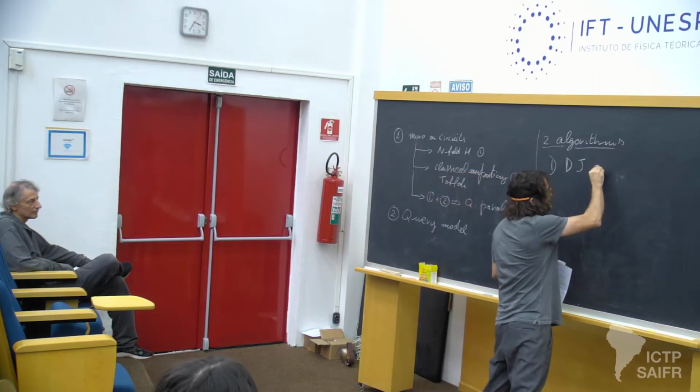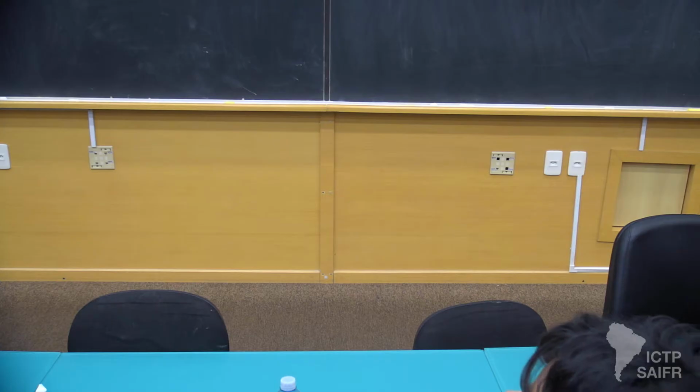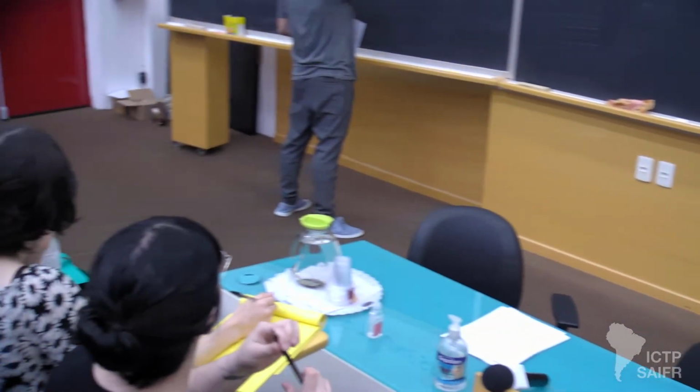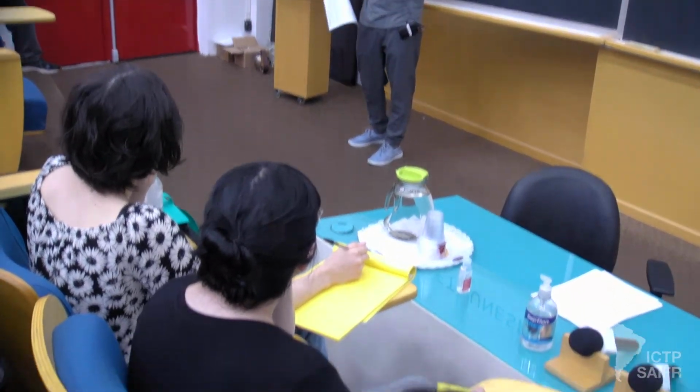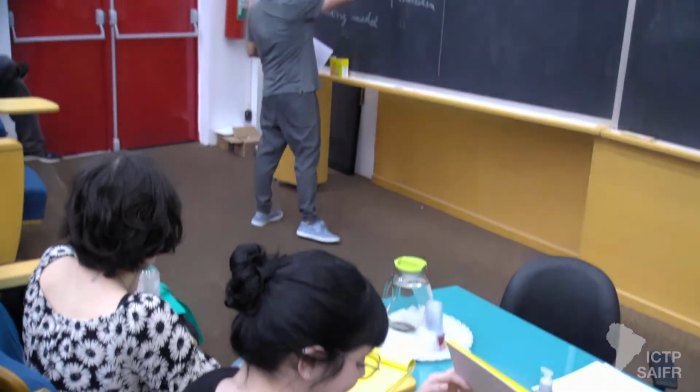Anyway, DJ algorithm. And the second one is the so-called Bernstein-Vazirani algorithm, which are essentially almost the same thing, but not really. So this is the plan for today. So let's start with this.